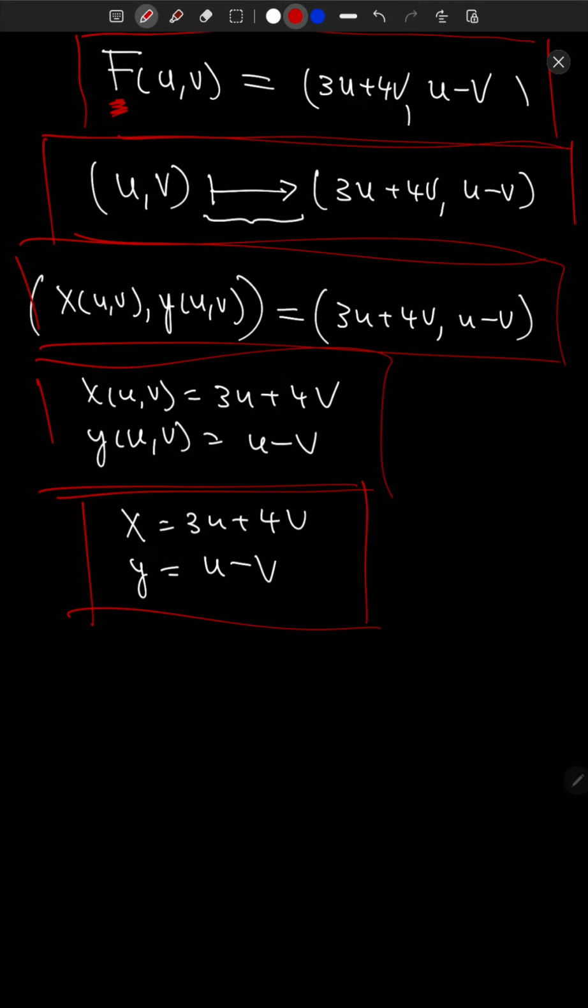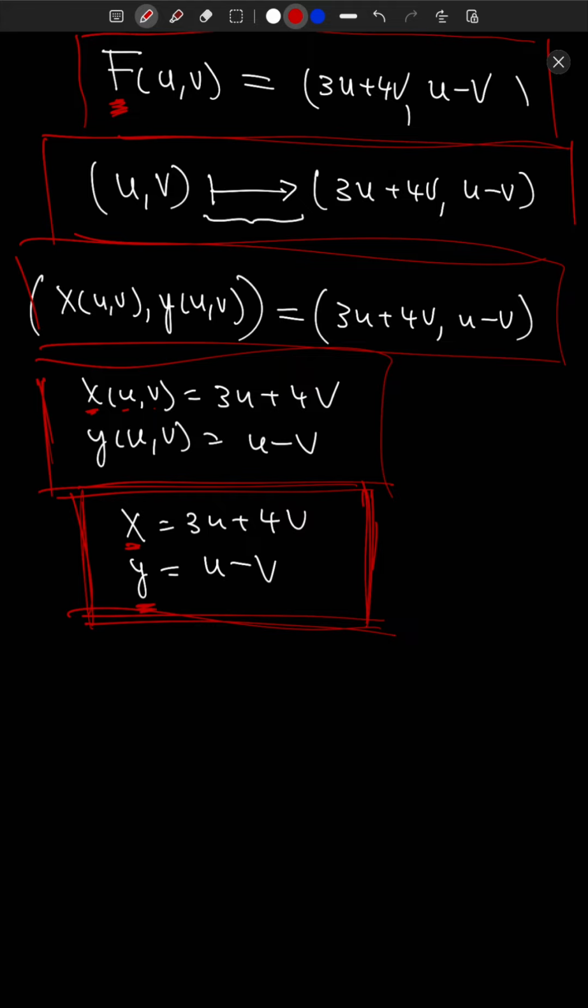Nice and compact, but the danger of this last one is that you're not explicitly seeing things in terms of functions. In the second to last expression, we're literally seeing x is a function of u and v, so we see that x depends on u and v. Whereas in the last one, you don't see it as clearly, and so it often gets people confused.